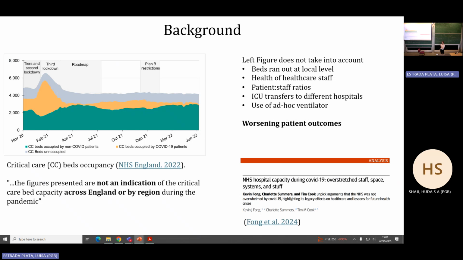You've got increase of ICU transfers, which is generally not standard practice. And then the use of ad hoc mechanical ventilators for anesthesia, but not really suited to treating a respiratory pathogen. So all of these effects worsen patient outcomes in general. So having beds as a proxy for our healthcare capacity isn't generally the best practice.